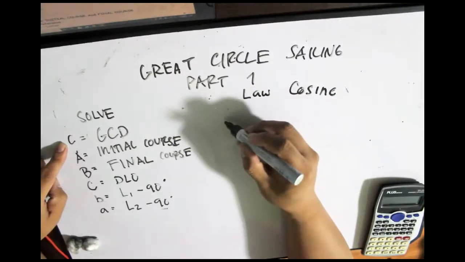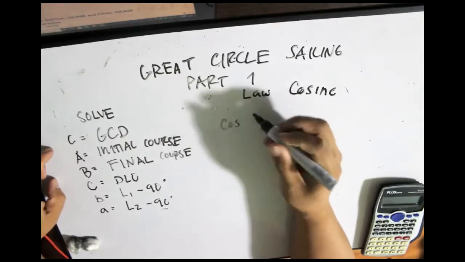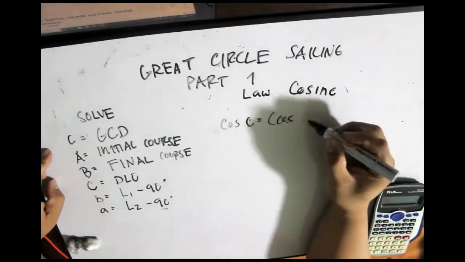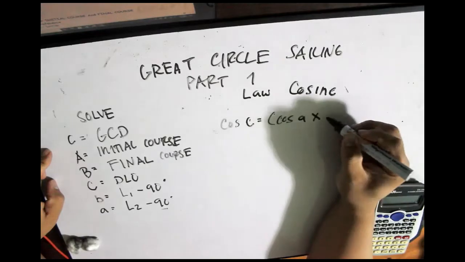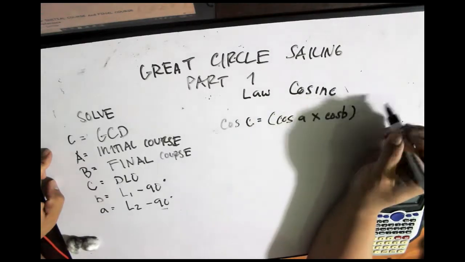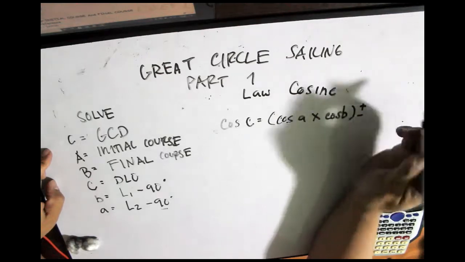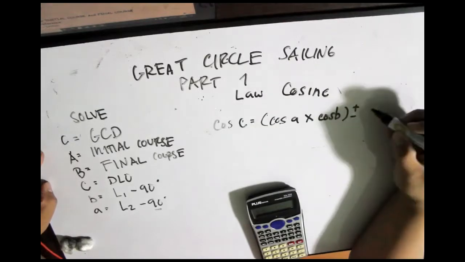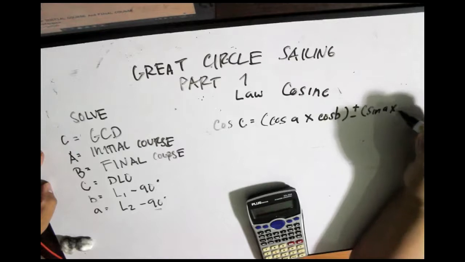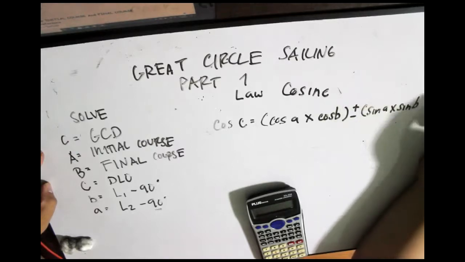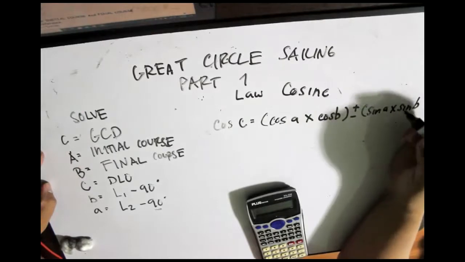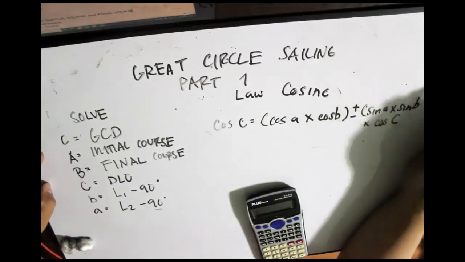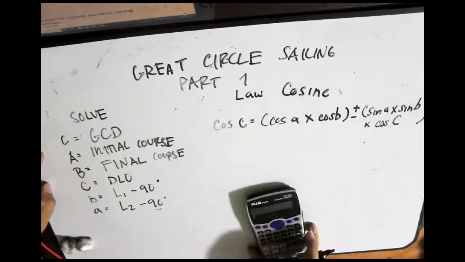So, the formula will be cosine c, okay, is equal to cosine a, okay, times cosine b, plus or minus sine a times sine b times cosine c na malaki. Okay? Yan ang formula niyan.